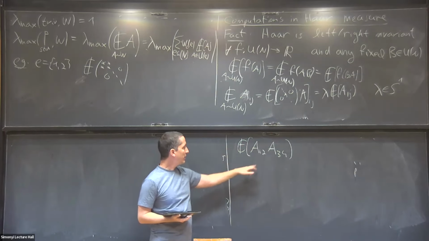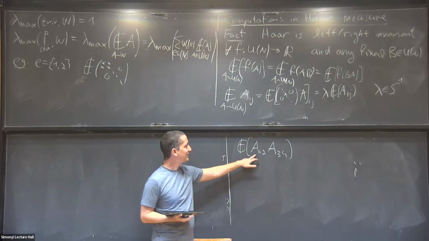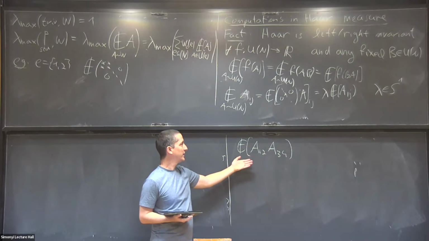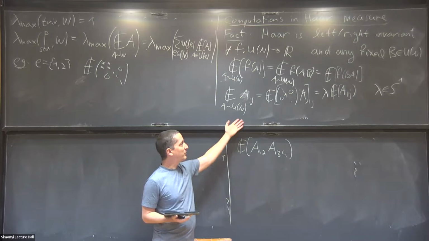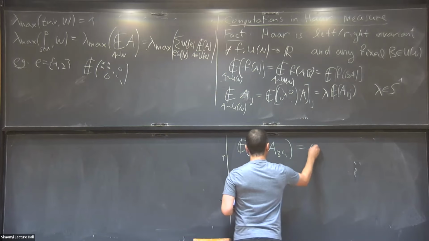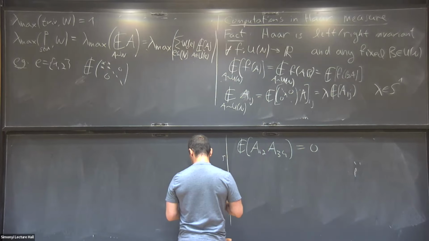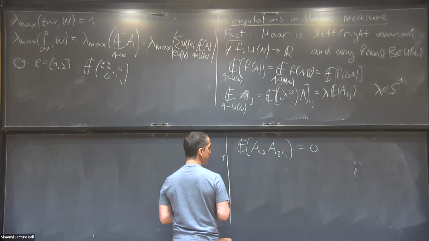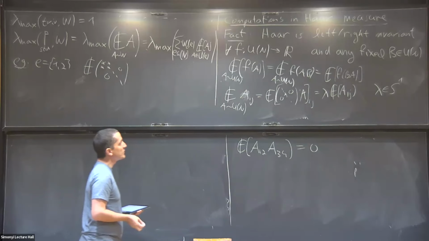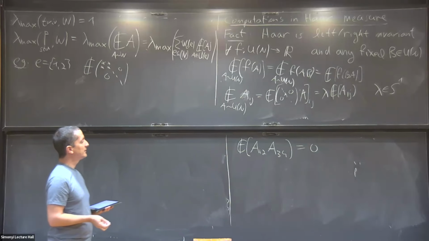And the first row affects only this one. Again, if I do the same trick, I multiply by lambda, 1, 1, 1, 1, it will multiply this expectation by lambda, but by the Haar property, it doesn't change. So this is again 0. So essentially, this trick will always work unless L is equal to K.